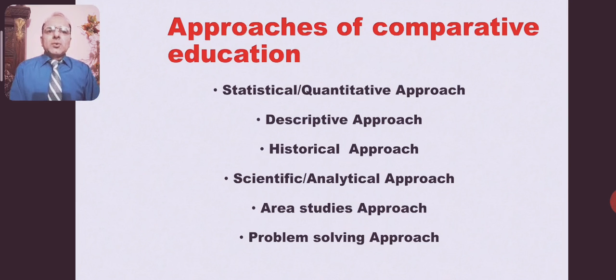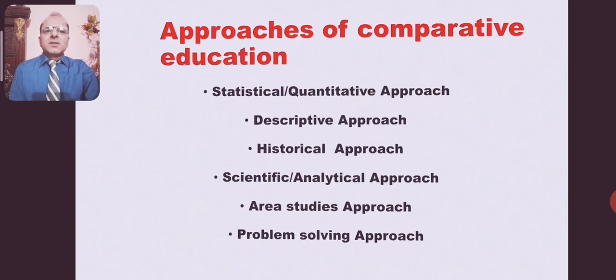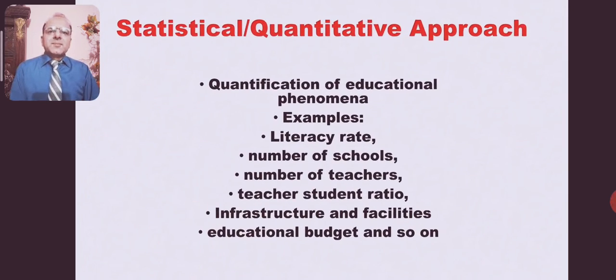One thing should be noted: most of these approaches are inclusive rather than exclusive, so there are elements of one approach reflected in the other and vice versa. Let's see some of the details of these approaches.